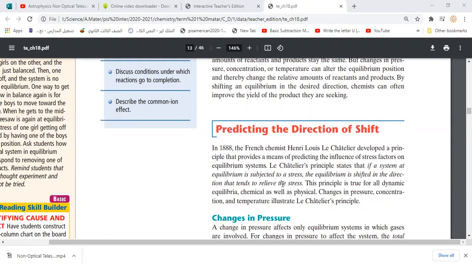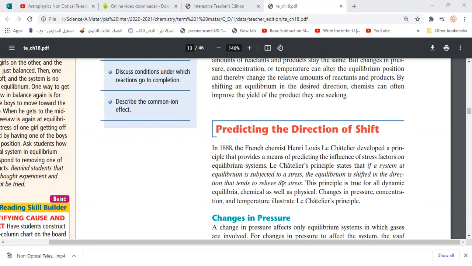He said that a system at equilibrium is subjected to a stress. A stress means a change in the conditions of the equilibrium, like a change in temperature, concentration, pressure, and so on. That's considered a stress.